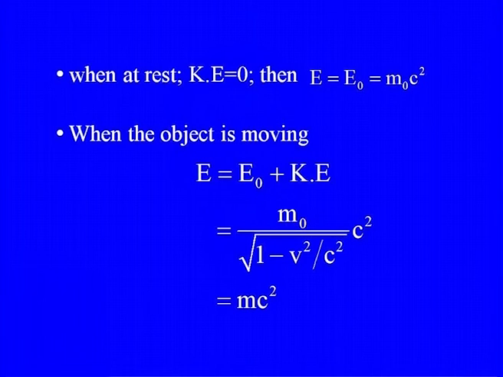So, what is the total energy of the body when the object is moving? It will be E, that will be equal to E0 plus the kinetic energy, and what is that? That is nothing but m0 divided by root over 1 minus v square by c square times c square. And what is that? That is simply m c square, where m is the relativistic mass.